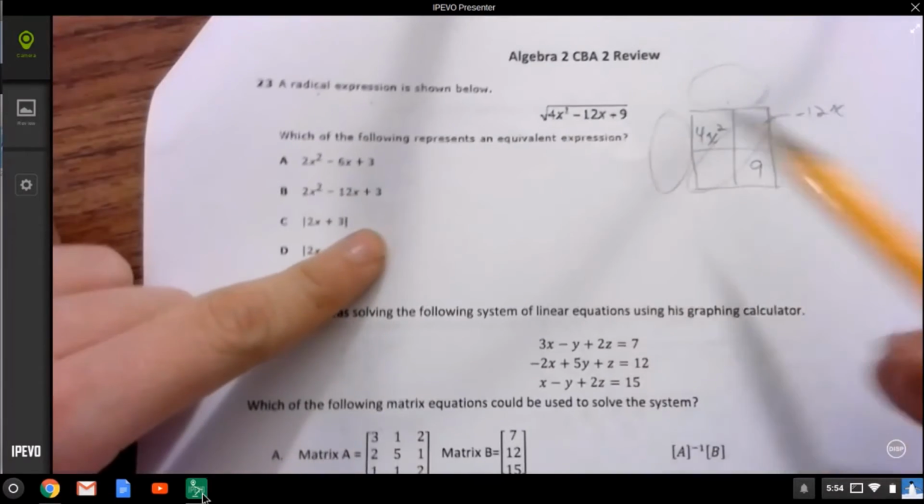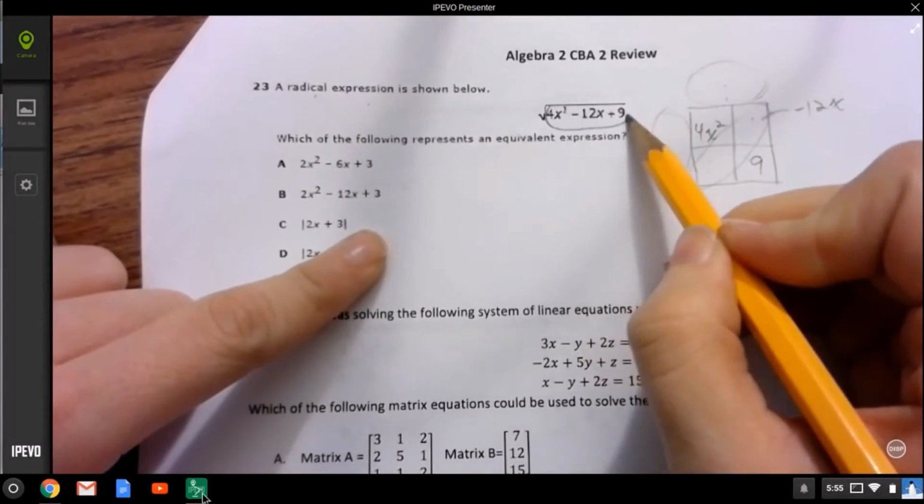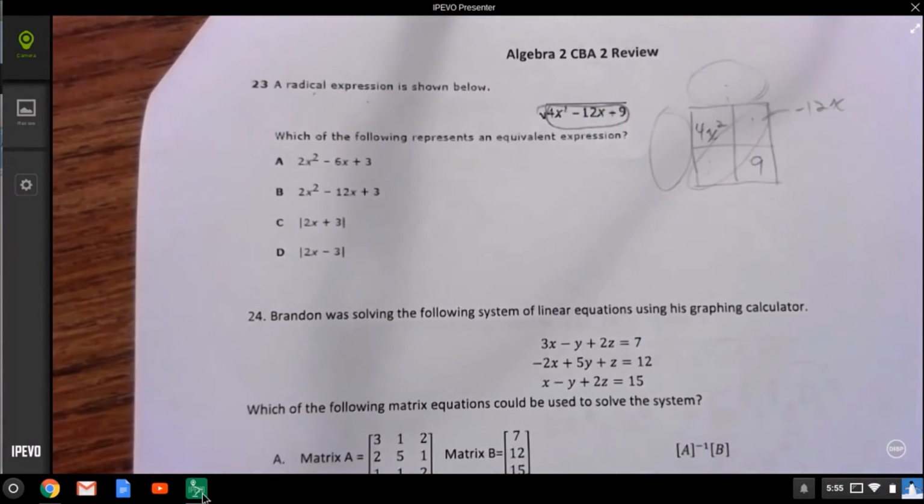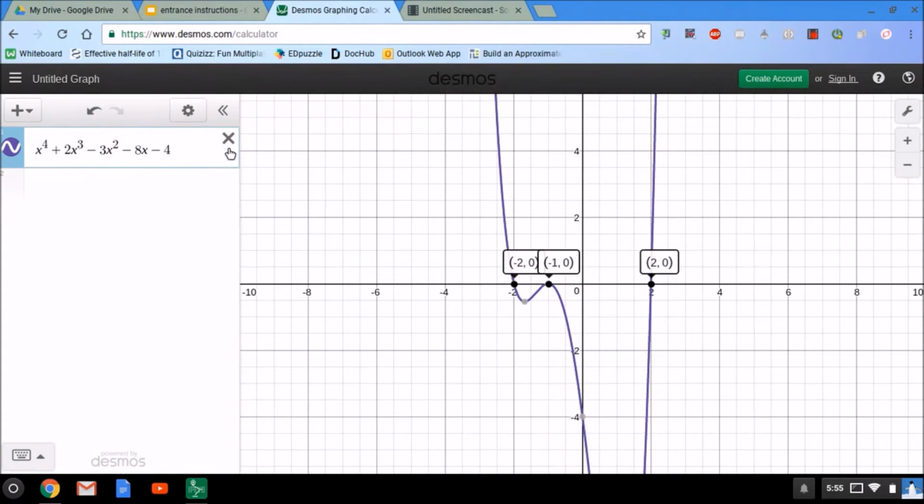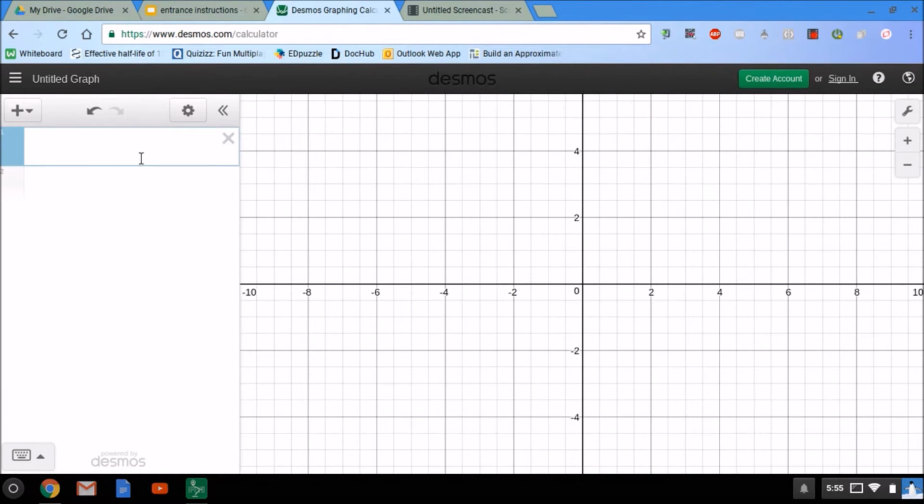So I'm going to go ahead and graph 4x squared minus 12x plus 9. And this is just one way to do this problem. It's actually a perfect square, but we can do it this way, reinforce the process. So notice the vertex hits exactly on the x-axis.